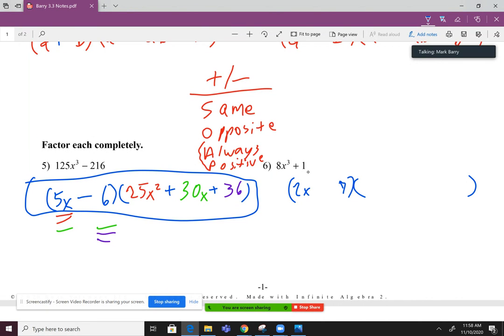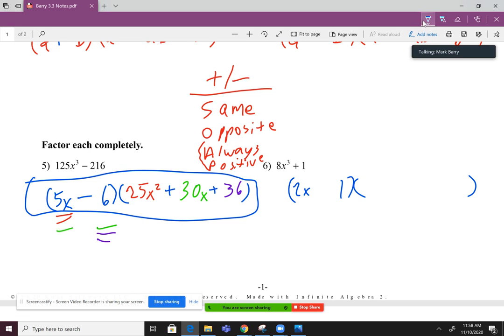So that's what I'm putting in this first parentheses, a 2x, and then a 1. If you put a plus in between there, you're actually correct. I'm not going to put that yet. I always put the pluses and minuses at the very end, okay? But if you have a plus there right now, it's not wrong, it's right.